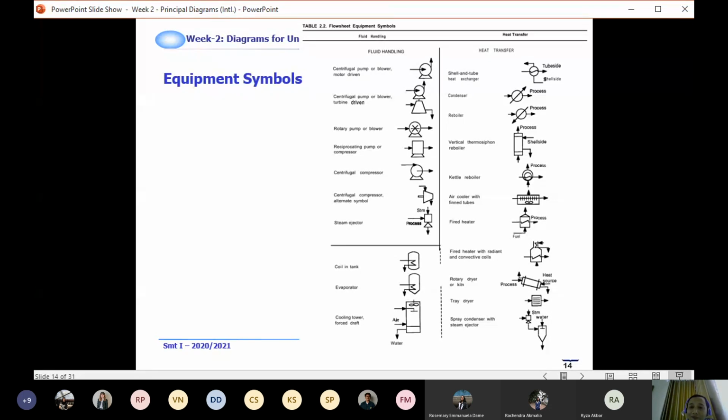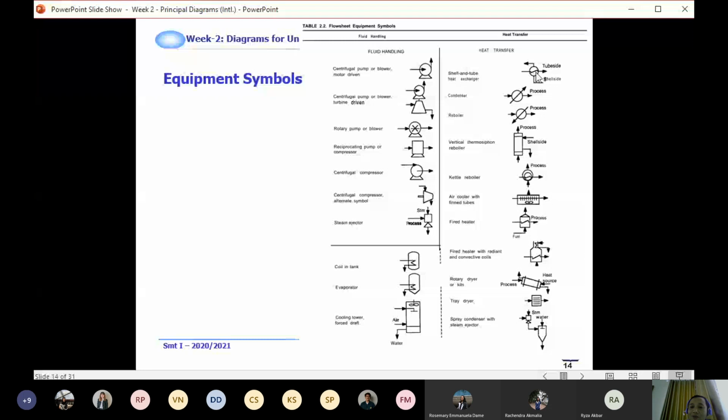And then for the shell and tube, it's also important. It means that the utility or fluid flows from the left to the right, so it goes to the tube side, while the other fluid goes to the shell side.